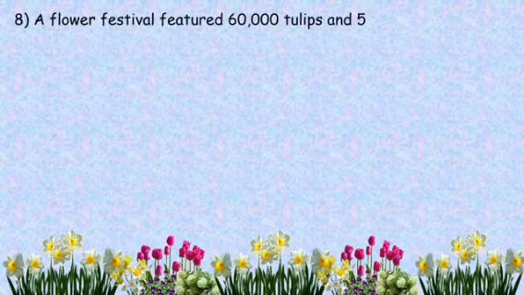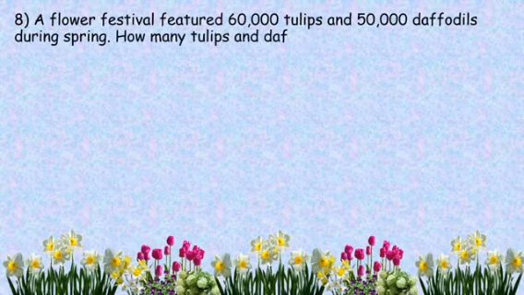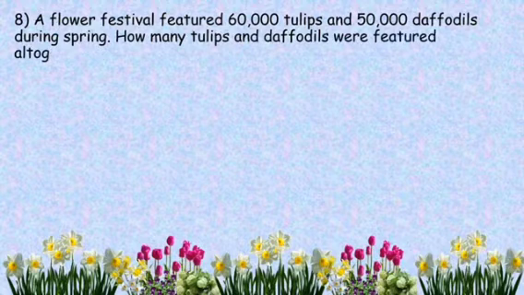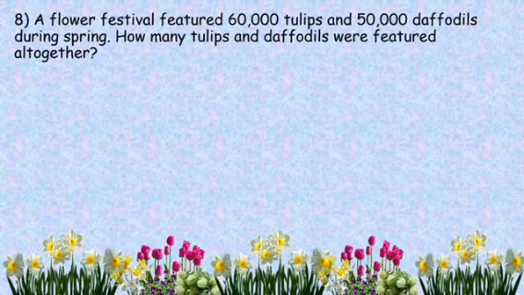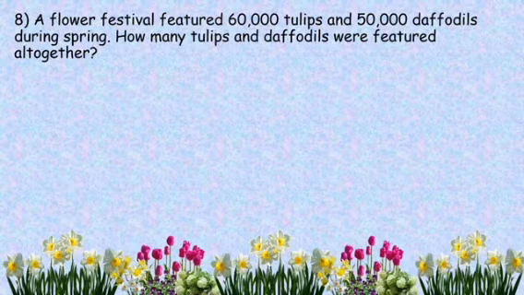Now for another problem here. A flower festival featured 60,000 tulips and 50,000 daffodils during spring. How many tulips and daffodils were featured altogether? So this is also very simple. We have two types of flowers which are displayed in a flower festival, and we need to find the total number of flowers including both types, tulips and daffodils.